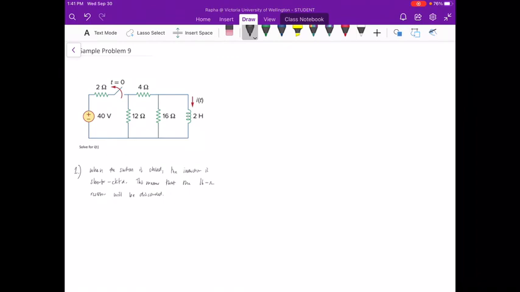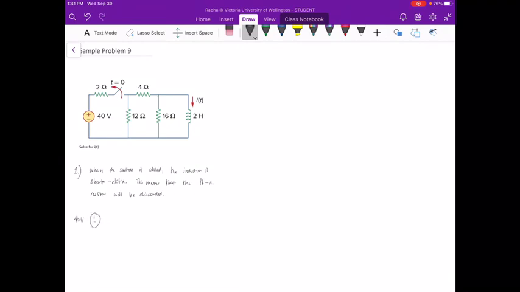Once an element is short-circuited, that element cannot have a bearing in the entire circuit anymore. So if we treat the inductor as a short circuit and the 16 ohm resistor to be discarded as well, we will just redraw the diagram like this.